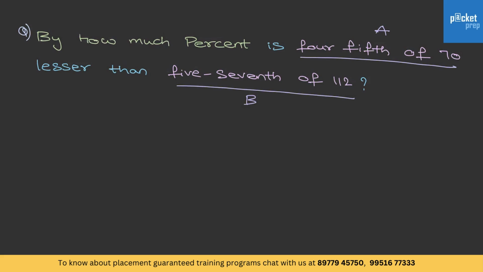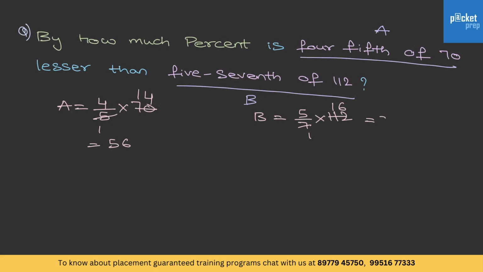So what is 4/5 of 70? a is equal to 4 by 5 into 70. 5 14s are 70, and 14 into 4 gives 56. And b is equal to 5/7 of 112, that is 5 by 7 into 112. 7 16s are 112, and 16 into 5 gives us 80.